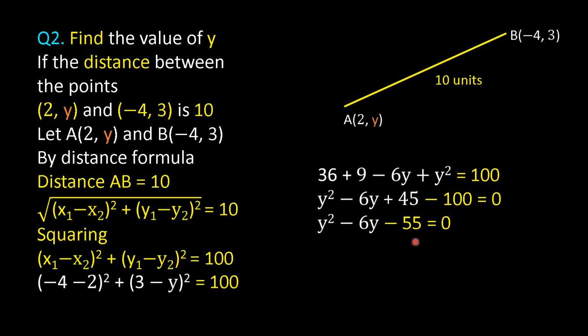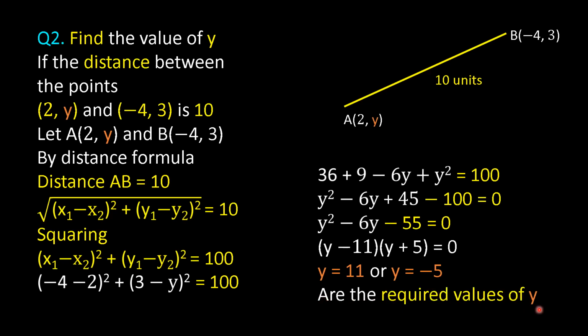We will factorize the quadratic polynomial as (y minus 11) into (y plus 5) equals 0. That gives us y equals 11 or y equals minus 5 are the required values of y.